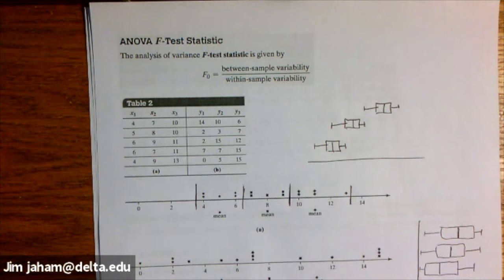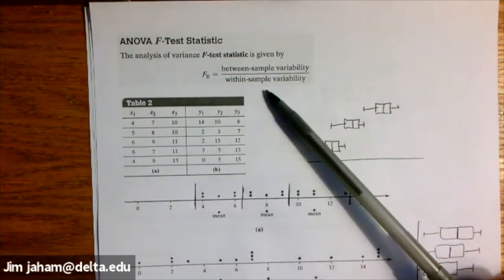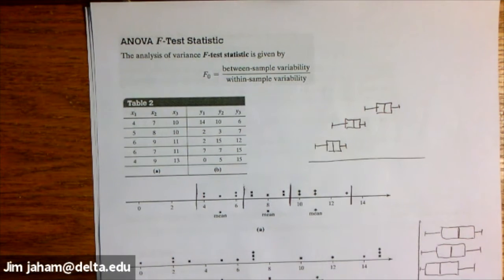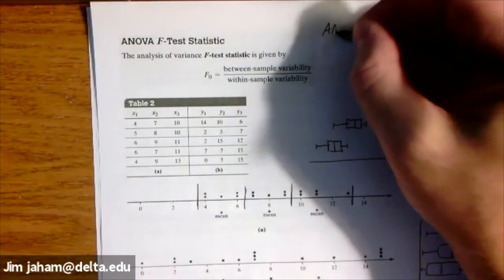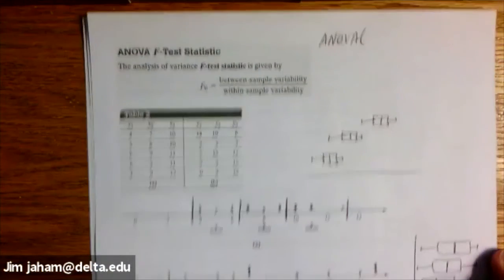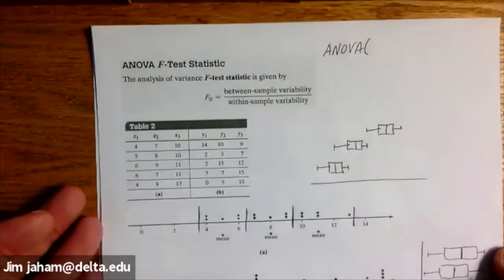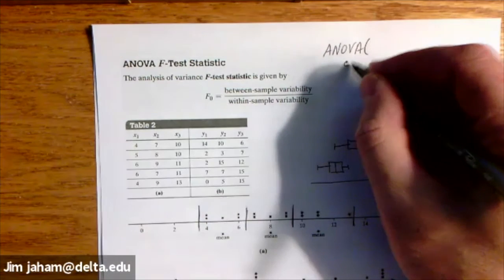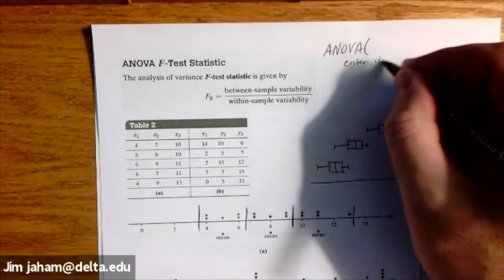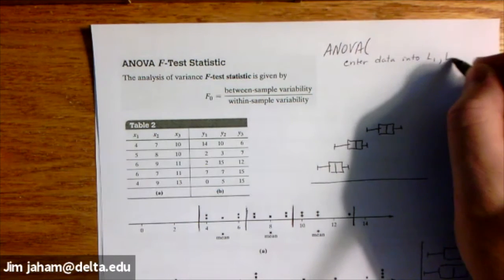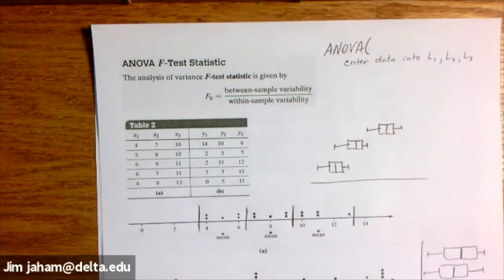Okay, so there's this test statistic that we do have a calculator function for, and it's called Anova. The way that this test works with the calculator is that you have to actually enter data into L1 and L2 and L3.